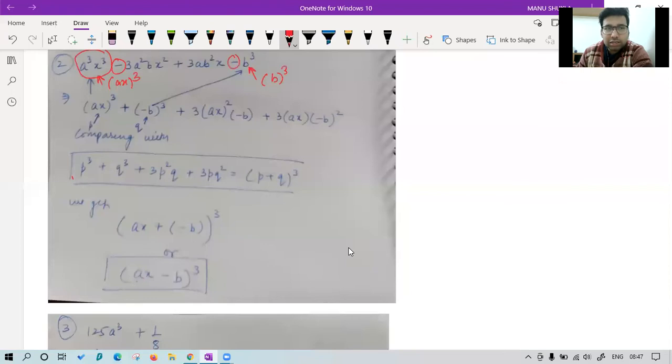Acha, one more thing. I have written the formula in terms of P and Q. Any guess why I have written the identity using the variables P and Q and not X and A, or A, X, Y or A or B? Because we already have X in the question, we already have A in the question, we already have B in the question.